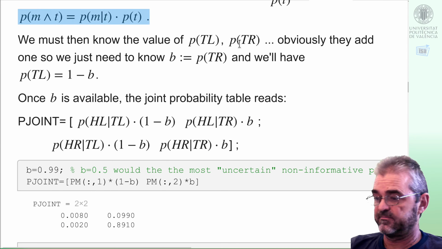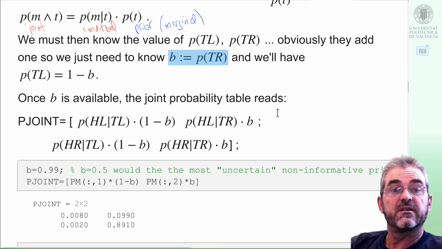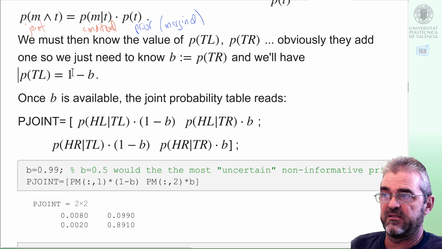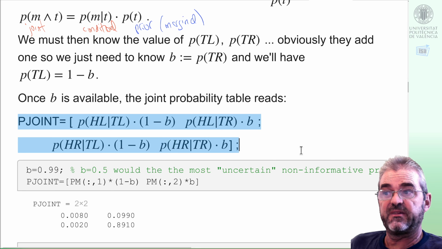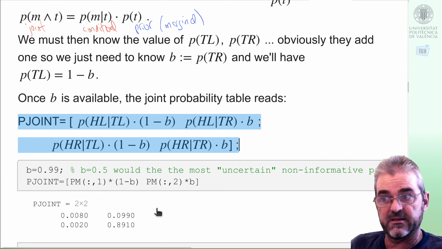And from this formula that defined conditional probability, saying that it's the number that multiplied by the prior or marginal probability, we'll delve on it later, gives me the joint probability, then if we named B as the prior probability that the tiger is at the cage at the right-hand side when closing the center gate, well then, if that is B, it will be at the left with probability 1 minus B, and then the conditional table can be multiplied by this probability of tiger being at either side when closing the gate, so we would obtain the joint probability.